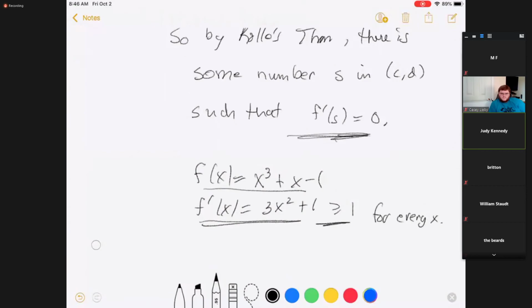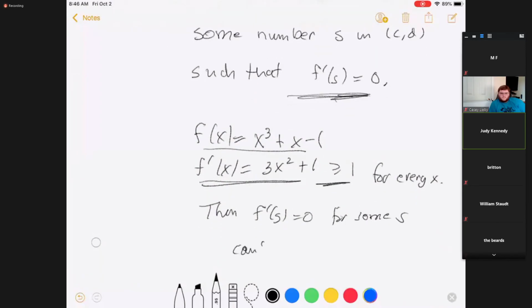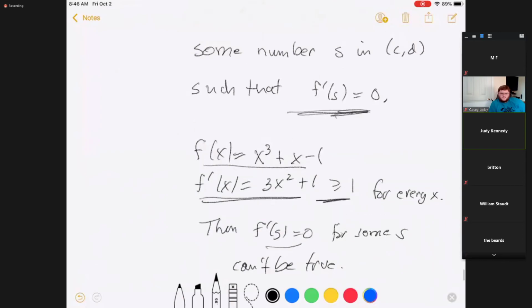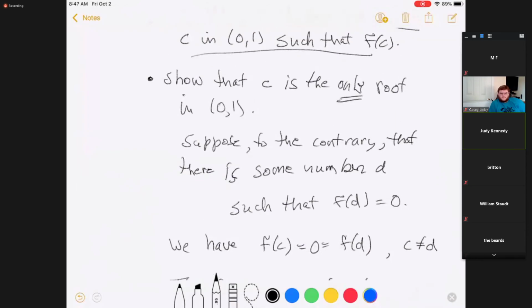So f prime of s equal to 0 for some s can't be true. You've reached a contradiction. That means my assumption must have been wrong. And what was my assumption? That there was another number. We know that we got this one number C, that's the root.